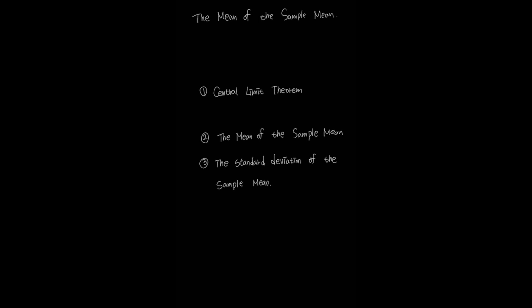And at the end of the video, I mentioned that when n, which is the number of samples, is large enough, we can imagine that the sample mean itself follows a normal distribution, which has two parameters: the mean as the population mean and the standard deviation as the standard deviation divided by root n.